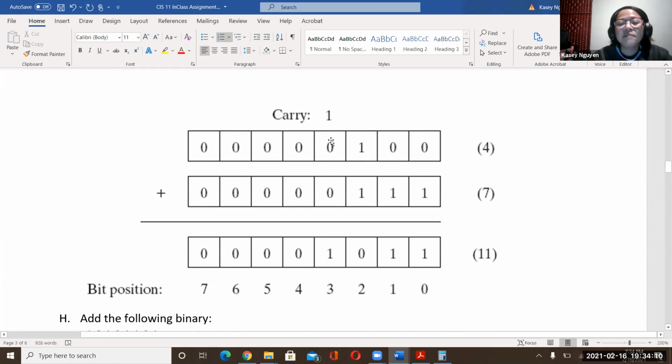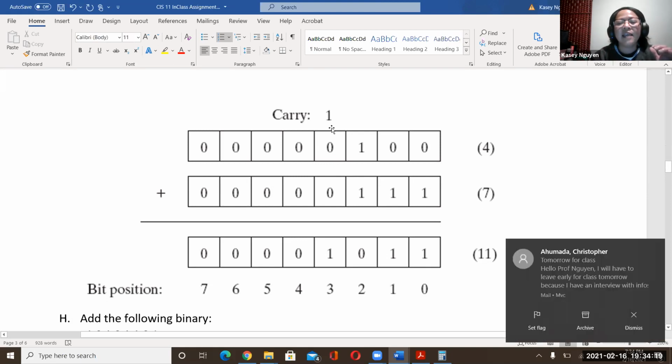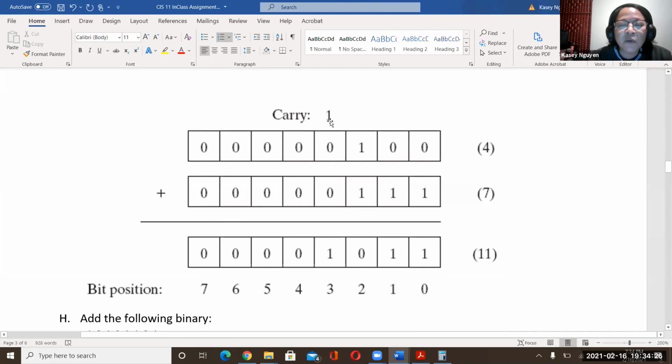Here comes the tricky part. When you deal with the carry, handle two numbers at a time. I start with the carry and the top number: a 1 with the 0 is a 1. And then a 1 with the 0 is a 1. There are also videos included in the link that break it down.